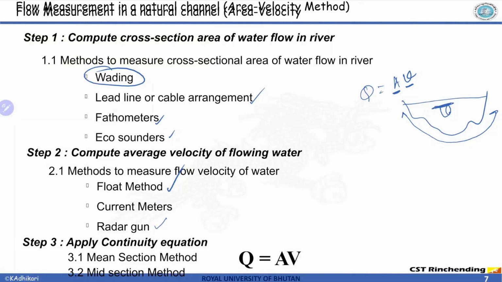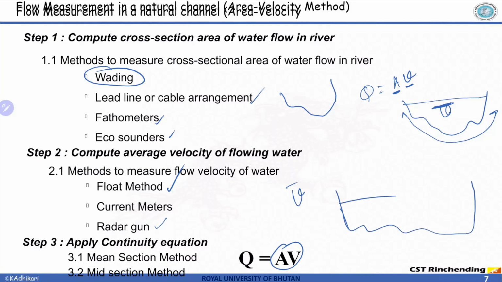Once we have the area and the velocity, there are two ways to do the multiplication. One is the mean section method, and another one is the mid section method. Of course we can do it directly, Q equals AV, but our cross section varies, and also the velocity at different portions varies, right?